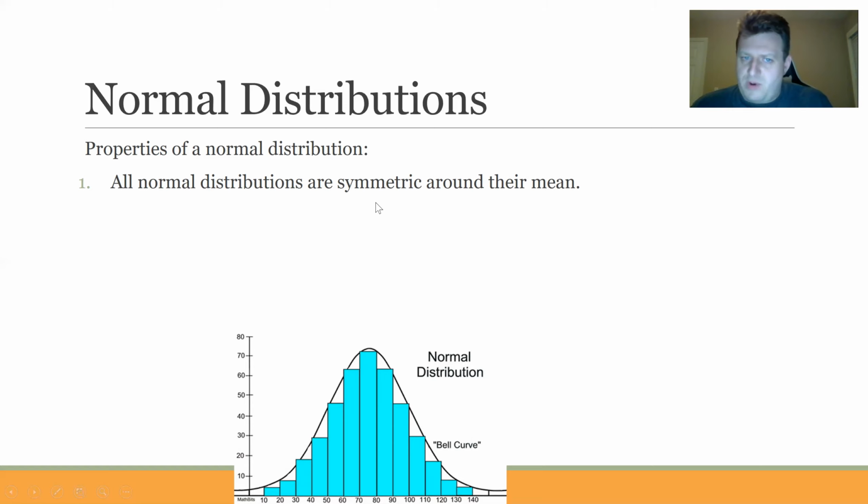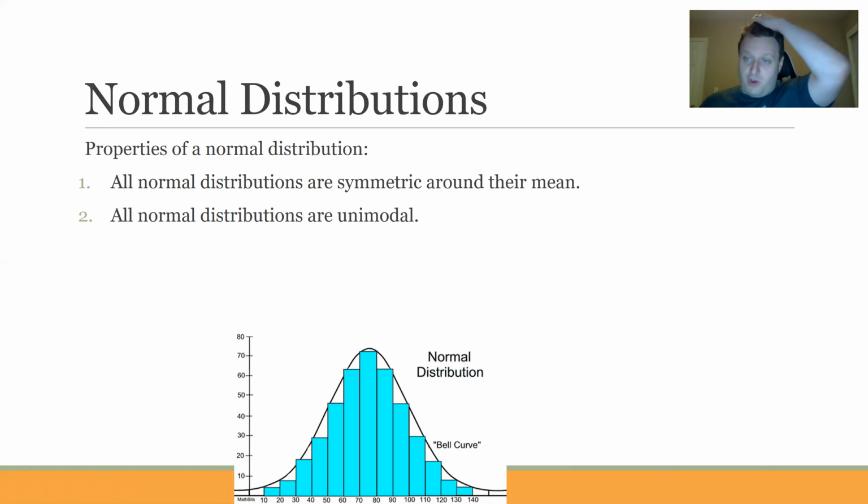If I draw a line right through the mean, median, and mode of a normal distribution and fold it on itself, it would be perfectly symmetrical. If we were to flip the distribution on itself, it would fit perfectly.